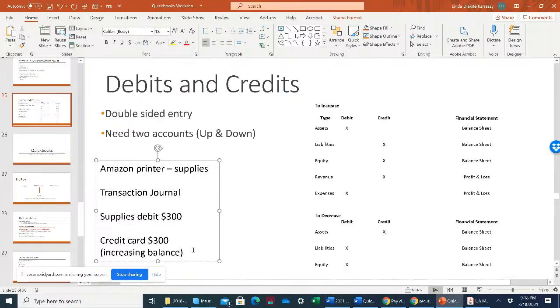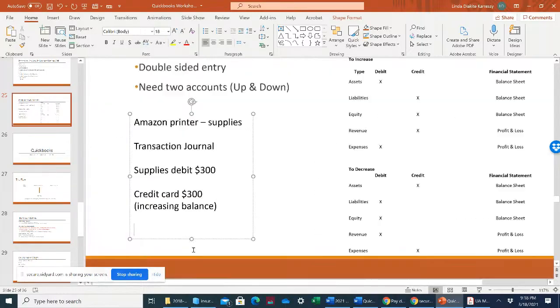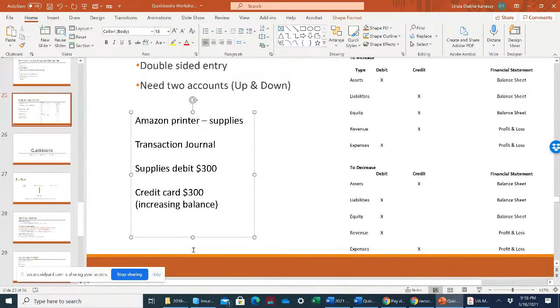If you pay on the credit card, let's say the monthly payment, and the balance is $300, that 300 is now going to debit. That means the balance goes to zero.